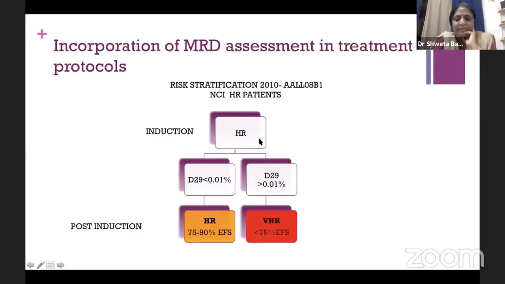In high-risk patients, there was no standard risk category. Those patients who were MRD negative continued on high-risk protocols, and those who had MRD more than 0.01% were considered for very high-risk protocols. And all those treated on very high-risk protocols were candidates for bone marrow transplant.